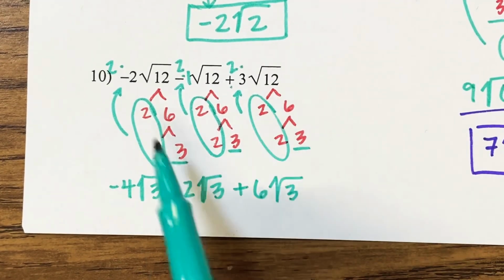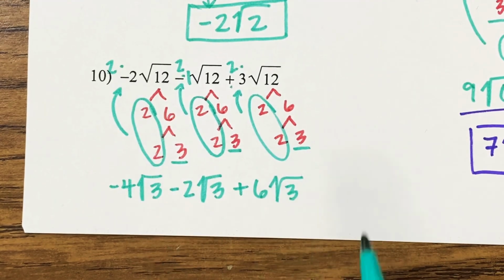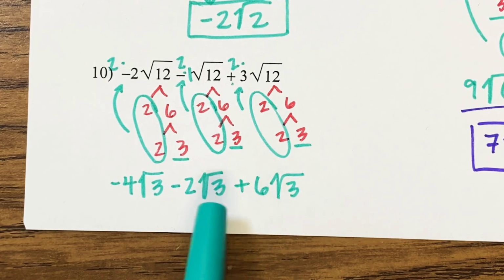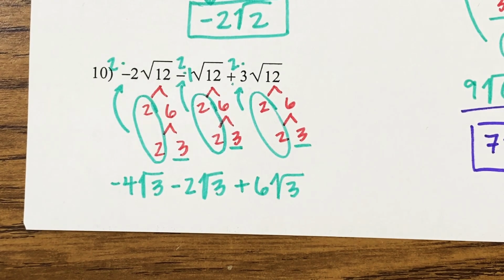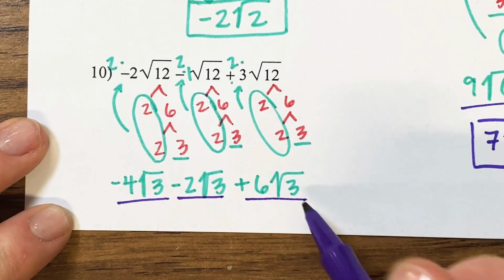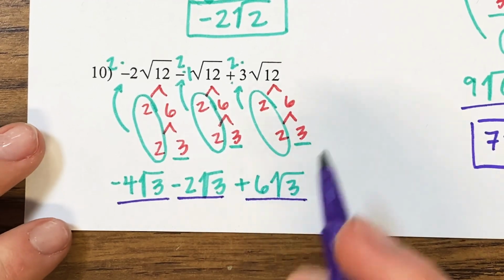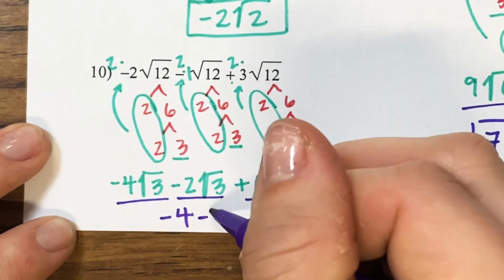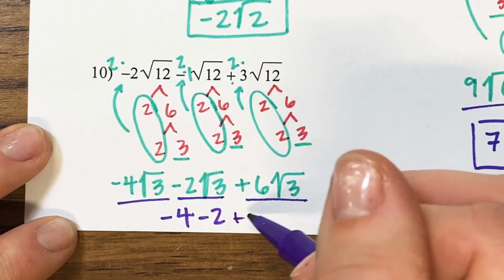Okay, so we simplified. We did our first step. Now we just need to combine the ones that have the same number inside the radical. So look at these guys. Do they have the same number inside the radical? Yes, they do. They all have √3s. So now all we got to figure out is what is -4 minus 2 more, and then +6.